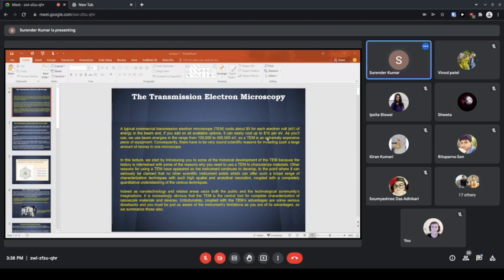Different signals have different kinds of information to tell about your sample. Secondary electrons have different information, backscatter has different information. You have to collect those signals and put a detector there, and then you have to optimize your signal, and that will give you particular information about your sample.